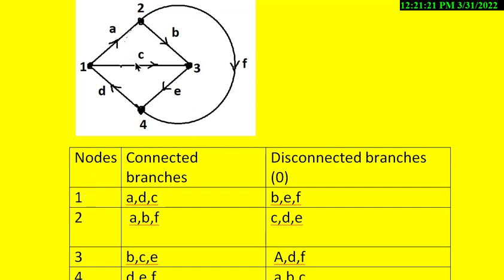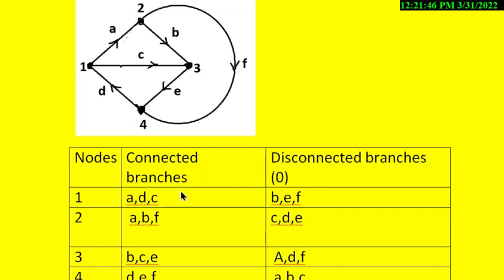For node 1, the connected branches are A, D, C. And the disconnected branches for node 1 are B, E, F. Write like this. So these elements are going to be replaced with 0.